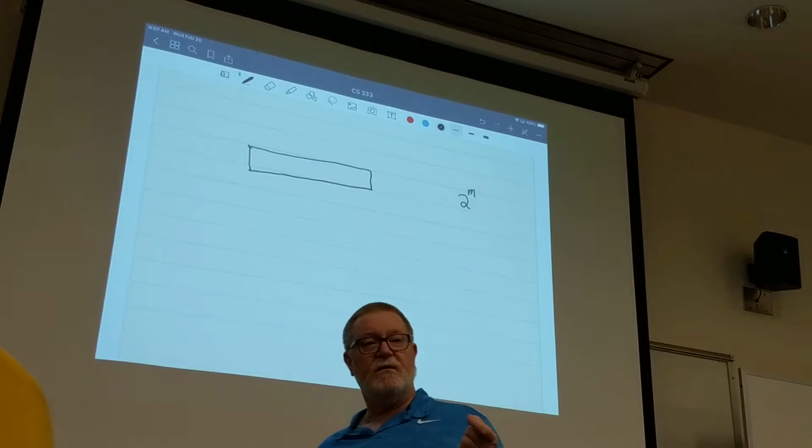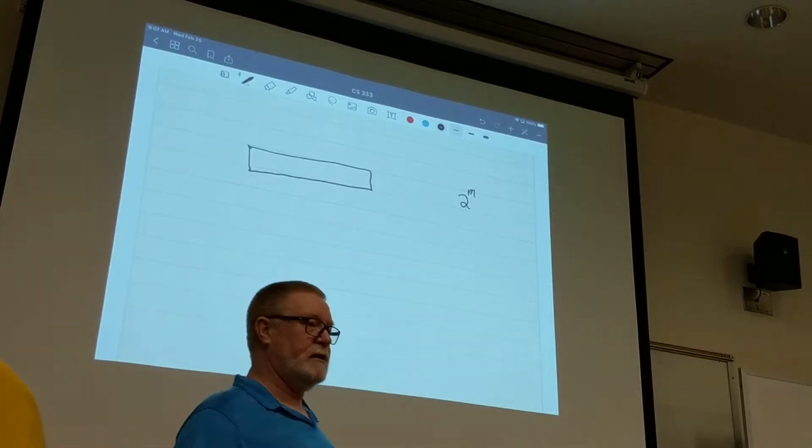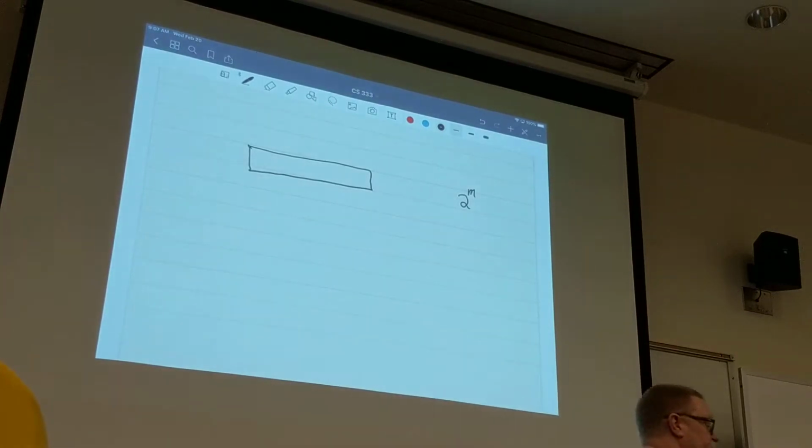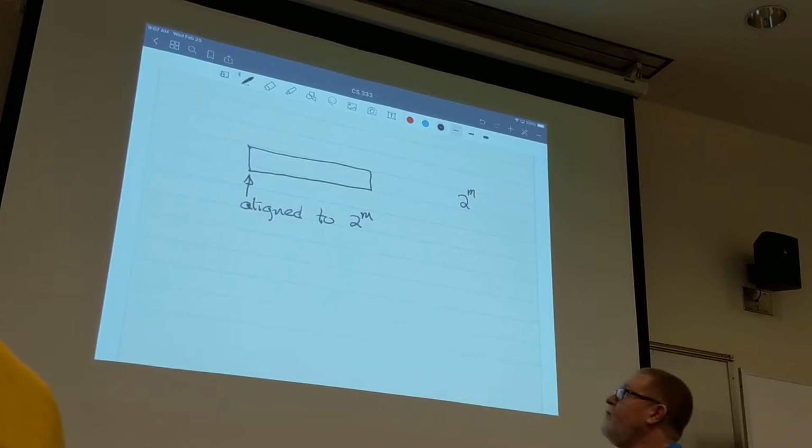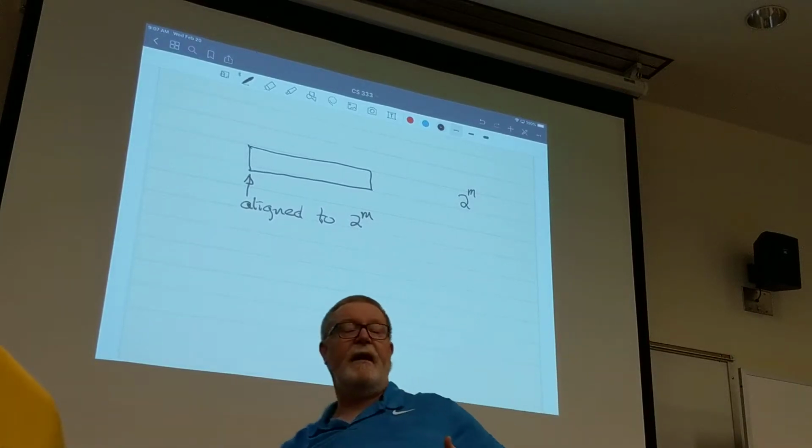That has some things that we need to know about how memory works. In order for this block to be efficient, this is going to have to be aligned to 2 to the n. So what that means is that all the bits lower than n have to be 0.